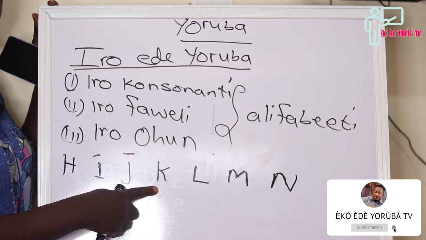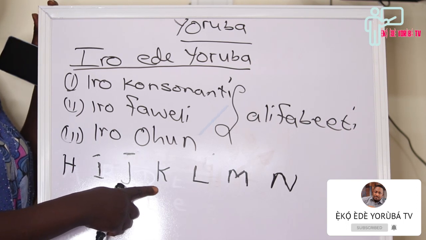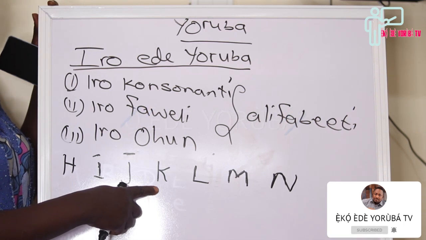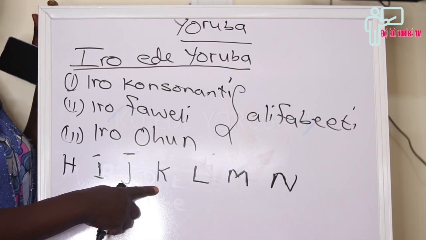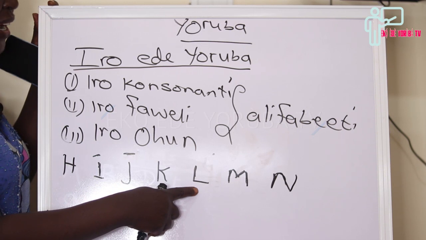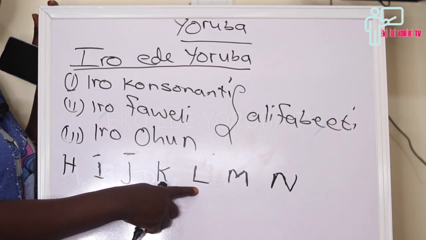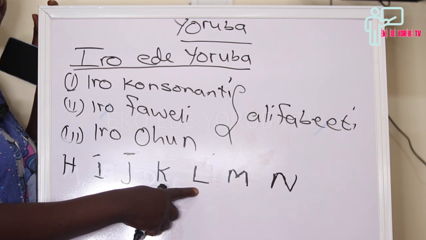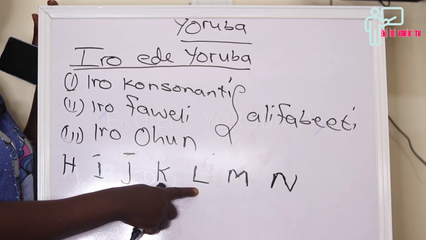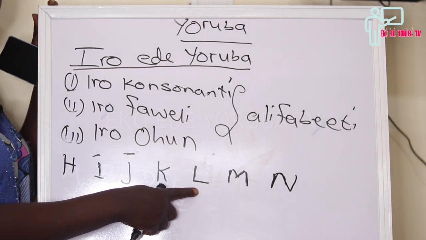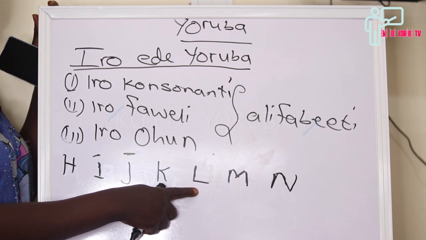Eléyìí ni kí. K in English. We call it ki in Yoruba. L, we call it in English. In Yoruba we call it li. You use your tongue with your upper teeth.